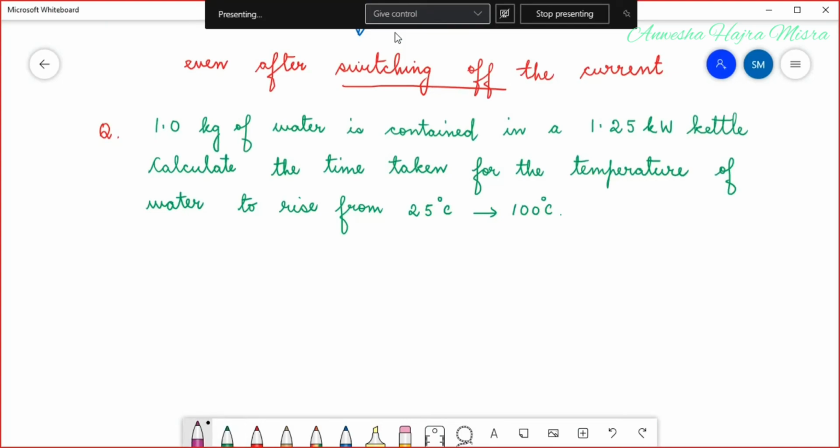Now the question is, we have to calculate the time taken for water to rise from 25 to 100.